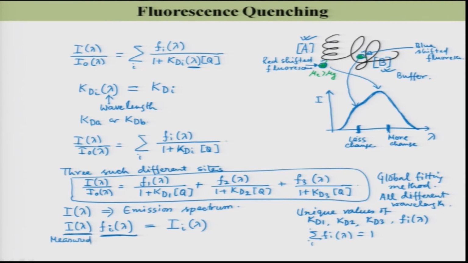So, if you multiply this measured one with all these f i lambda, you will get the spectrum for the ith species, and that is what we call quenching resolved emission spectra.